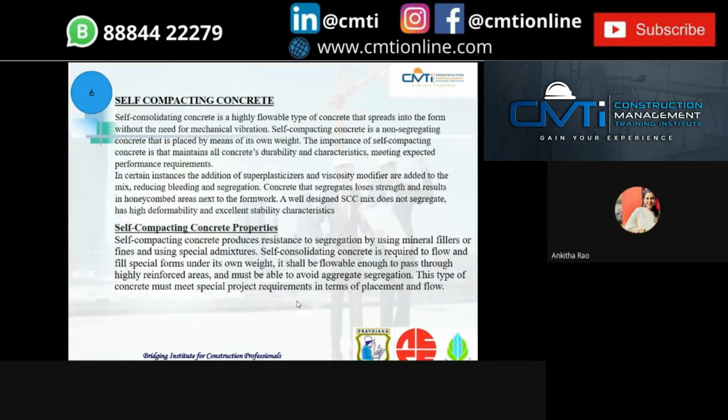Next is self-compacting concrete. Self-compacting concrete is a highly flowable type of concrete that spreads into the form without the need of mechanical vibration. The mechanical vibration is very much needed to remove the air voids in regular concrete. But in the case of self-compacting concrete, the mechanical vibration is not needed.